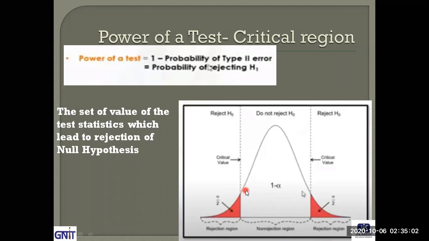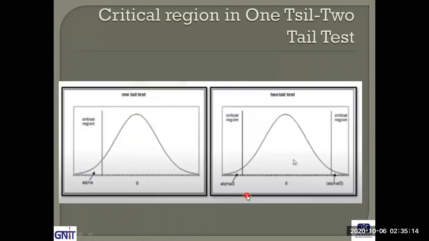You will not get this bell-shaped curve. So for a large set of data, this graph is much more appropriate. So this is the critical region in one-tail and two-tail tests.